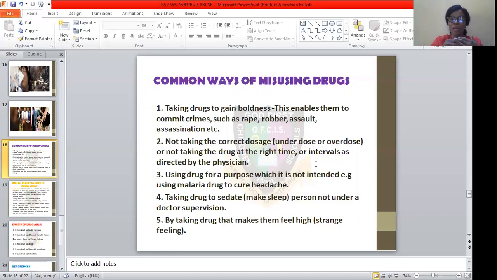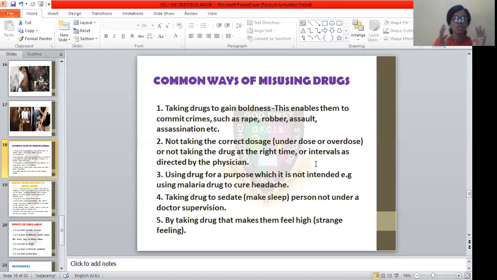You take 2 paracetamol in the morning, as prescribed by your doctor, another 2 in the afternoon, and the last 2 at night for 3 days. After 3 days, if you are still feeling the symptoms, you are expected to go back to your doctor to complain again. Not that you now say, I've used 2, it's not working, let me try 3 or 4. That is misuse of drugs, and you can get addicted to it.